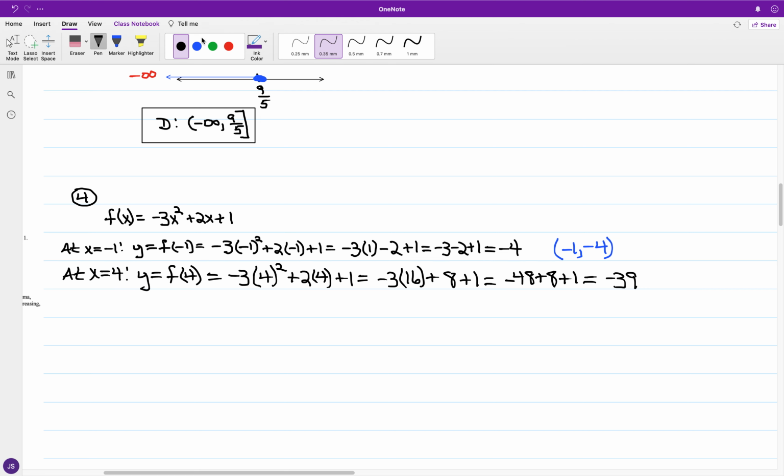So we have a point through which this graph is going to pass: whenever x is equal to 4, the corresponding y value is -39. For the average rate of change, you're looking at going from the point -1, -4, to where x is equal to 4, where we have the point 4, -39.